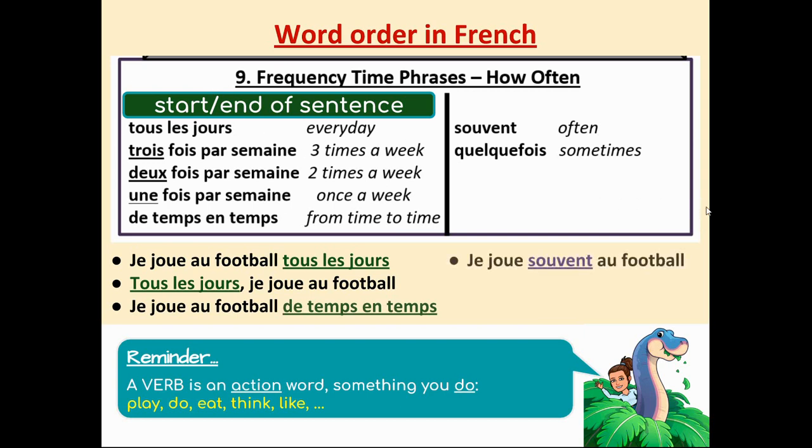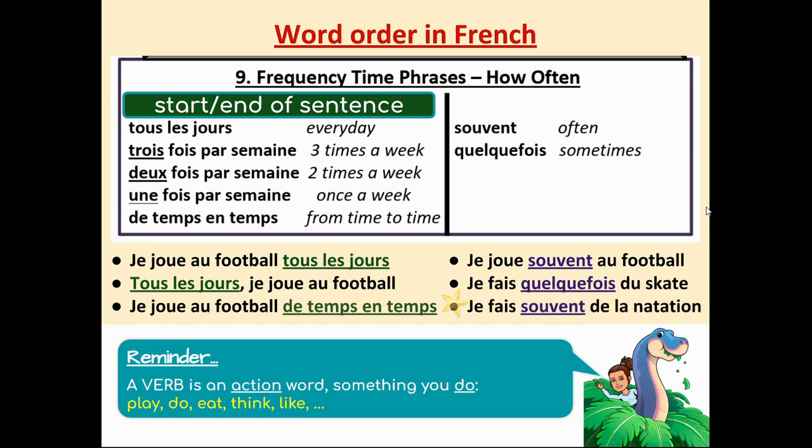So, je joue souvent au football. Je fais quelquefois du skate. Je fais souvent de la natation. Our rule in English was that those words, often and sometimes, go just in front of the verb. Is it the same thing again? Let's remind ourselves what a verb is.